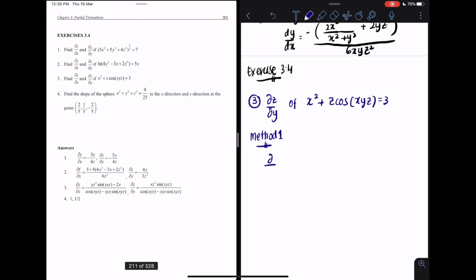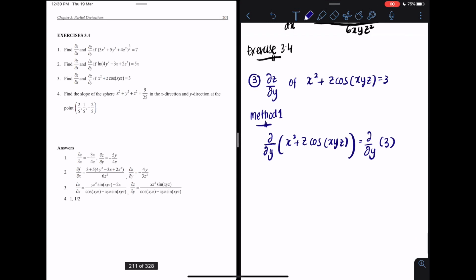You apply derivative for both sides. Del y of x squared plus z cosine xyz equal to del y of 3. Again, x is a constant. Differentiate with respect to y for variable x will give you 0.